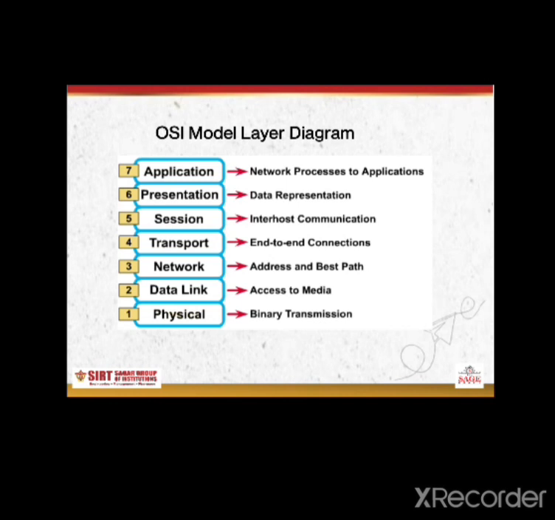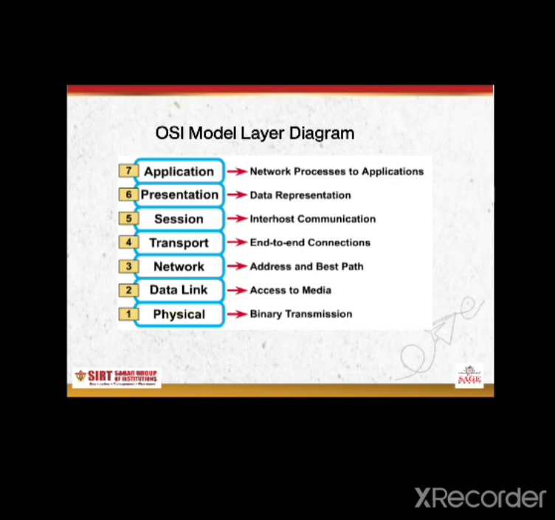If I give a little information about each layer: the physical layer is used for binary transmission. The data link layer provides error-free and flow-controlled transfer of information. The network layer defines the addresses and the route or path.